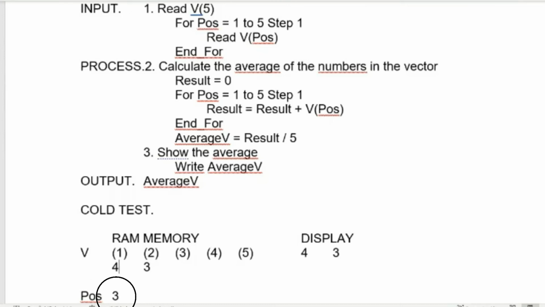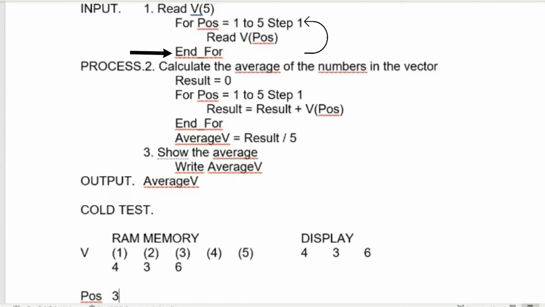Position pos is equal to 3. Suppose we read number 6. Read vector in position pos means if position is 3, that means the number 6 is going to the vector in the third position.